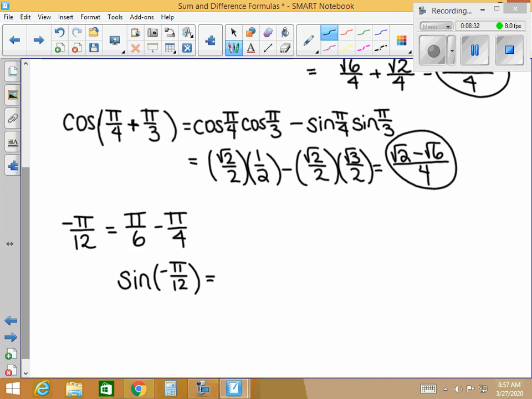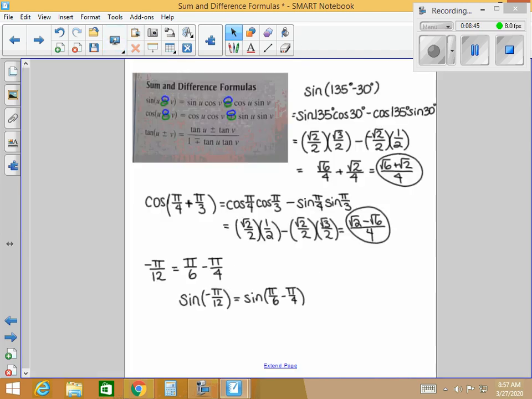Okay. Or, that's code for find me sine of pi over 6 minus pi over 4. Go ahead and pause the video. Use the appropriate formula up there. Find me the exact value of that, please.